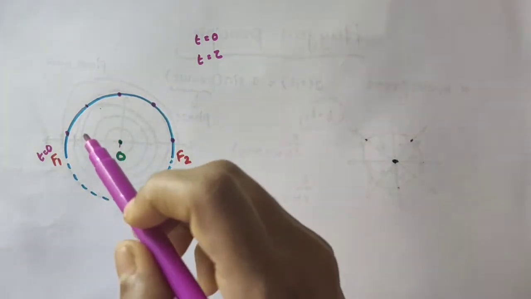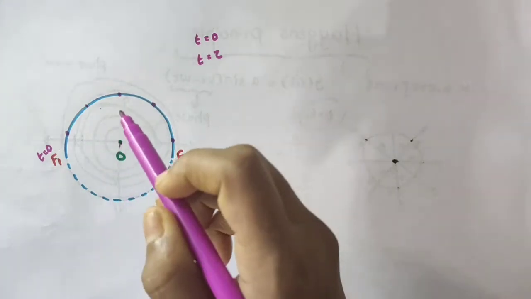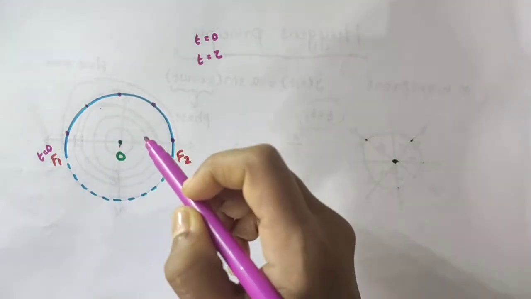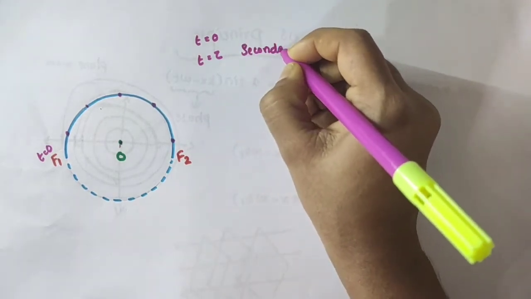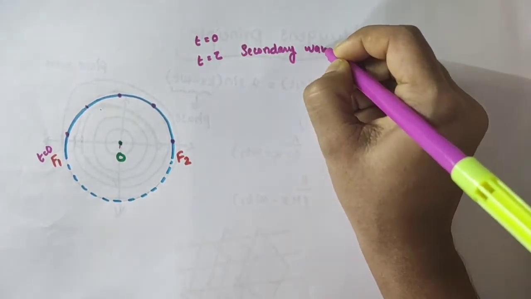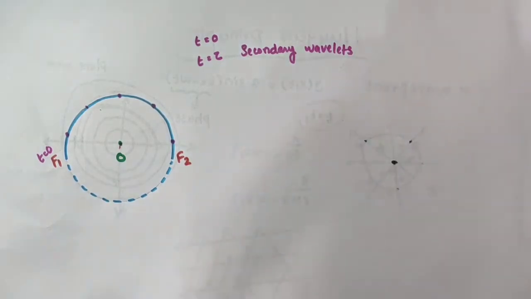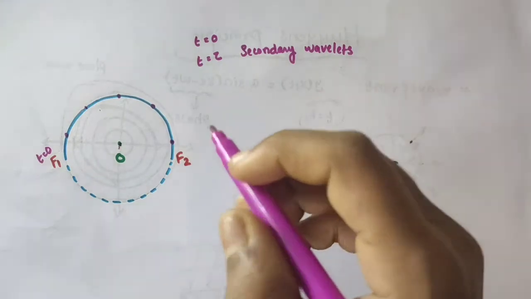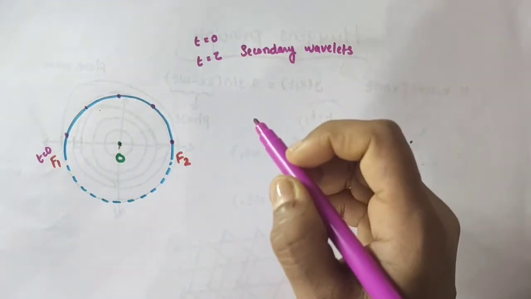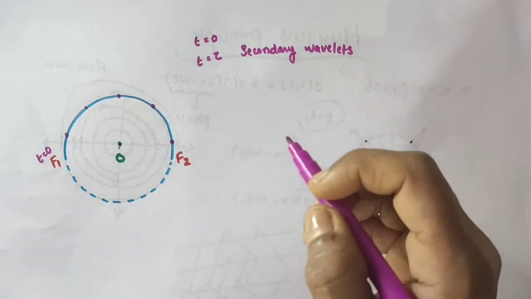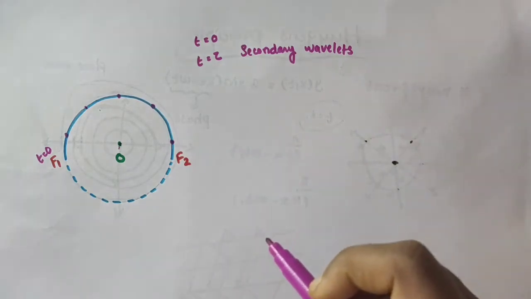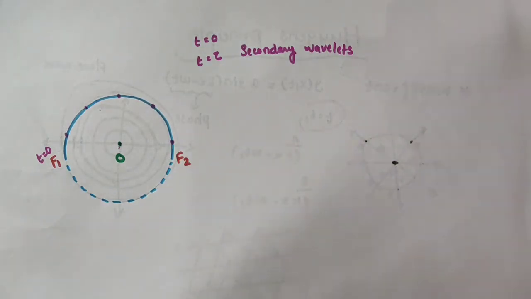These wavelets emanating from the wavefront are usually referred to as secondary wavelets. Not wavefront, secondary wavelets. And if we draw a common tangent to all these spheres, we obtain a new position of the wavefront at a later time. That is what the Huygens principle says.